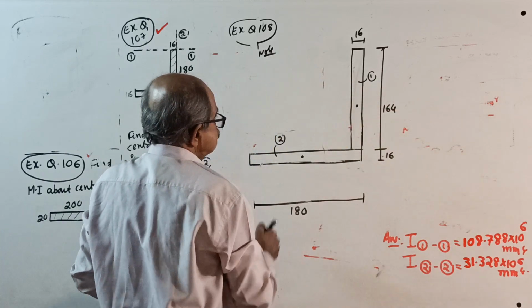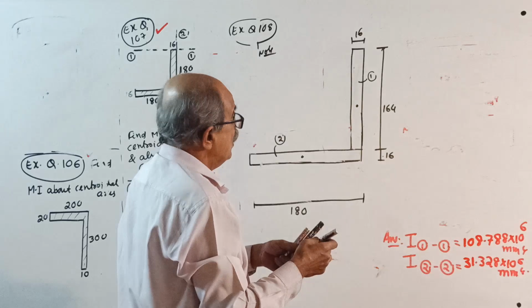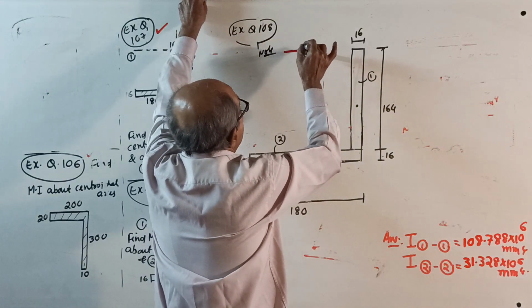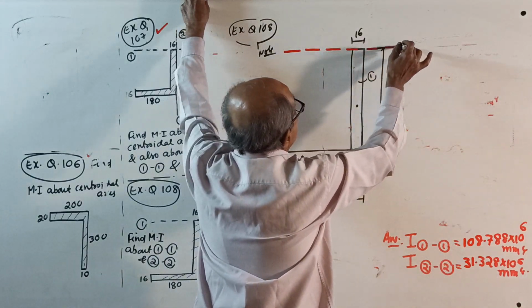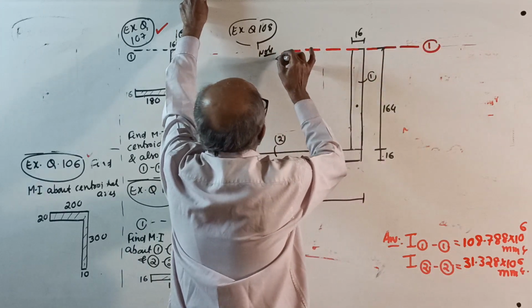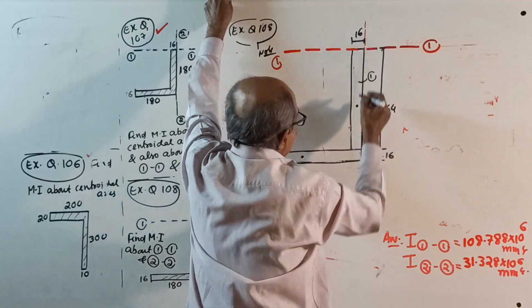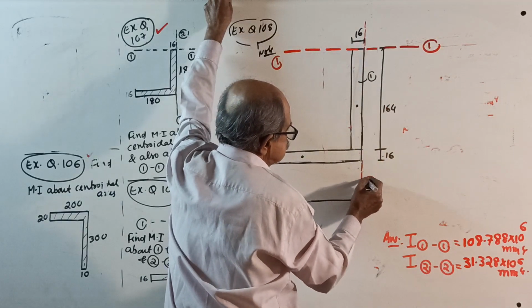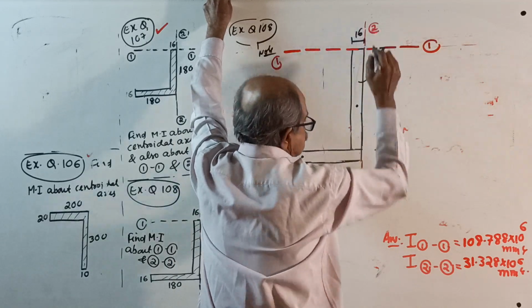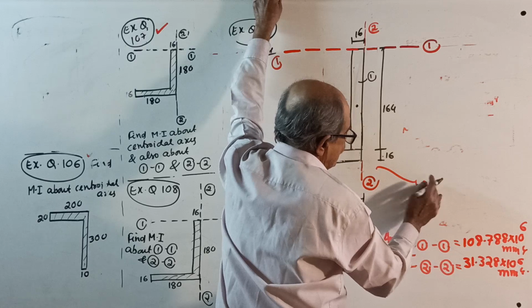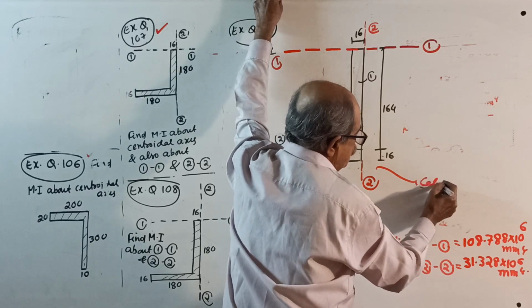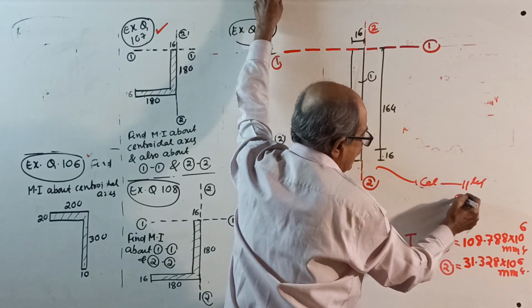Then, parts over. They want I about 1, 1 here. Mark 1, 1. This is not a centroidal axis. They also want I about 2, 2. Mark here 2, 2. Now, calculate directly using the parallel axis theorem.